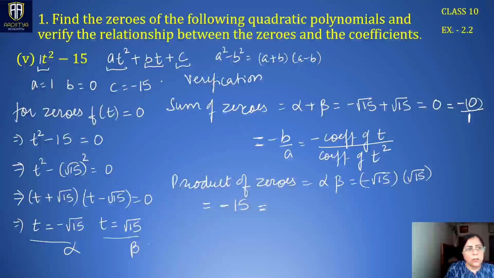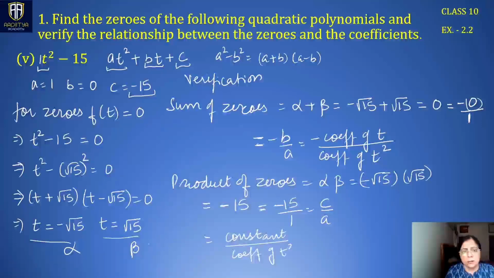So we can check our c here is negative 15. So I write my negative 15 as negative 15 over 1. Negative 15 corresponds to c and 1 corresponds to a. So we can see that product can also be written as c by a, which is equal to constant upon coefficient of t square. 1 is the coefficient of t square.